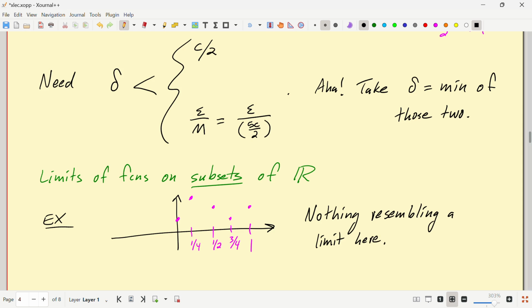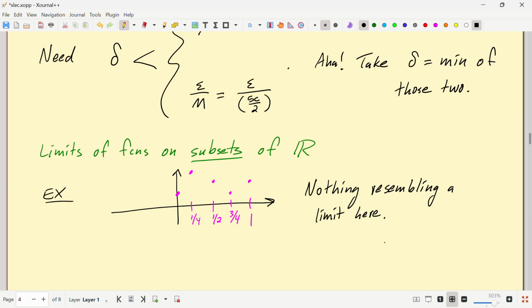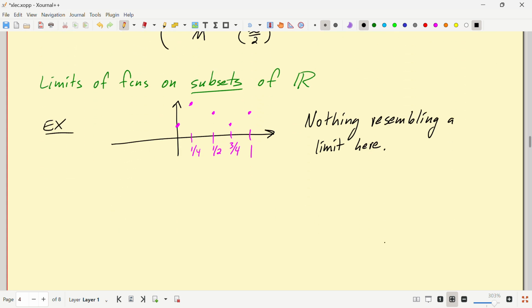Okay. But I guess we've seen plenty of limits. Let's see, when we look at sequences, if I have 1, 1/2, 1/3, 1/4, like 1 over n.